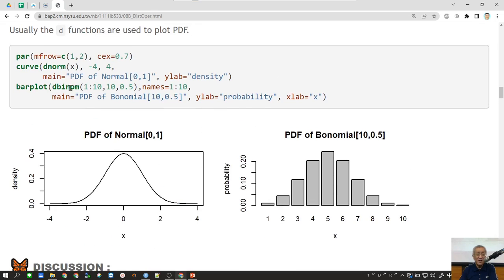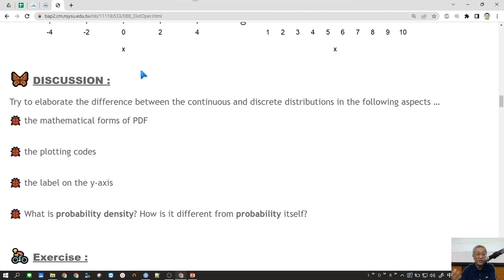As you can see, in this d function the x can be a vector, so you can acquire a series of numbers. If we give it a vector, it returns a vector of probabilities or densities, okay?